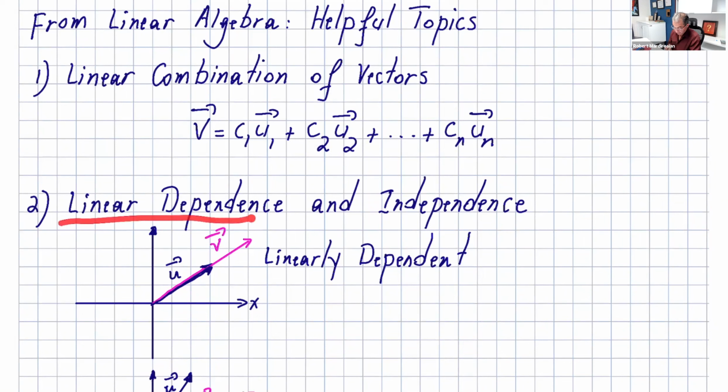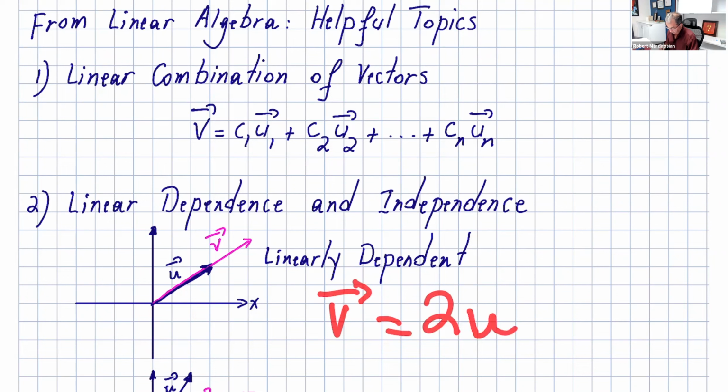Then linear dependence and linear independence. You say two vectors are linearly dependent when basically they're in the same direction, and one can be written as a linear combination of the other one. Here, you can say v equals 2 times u.